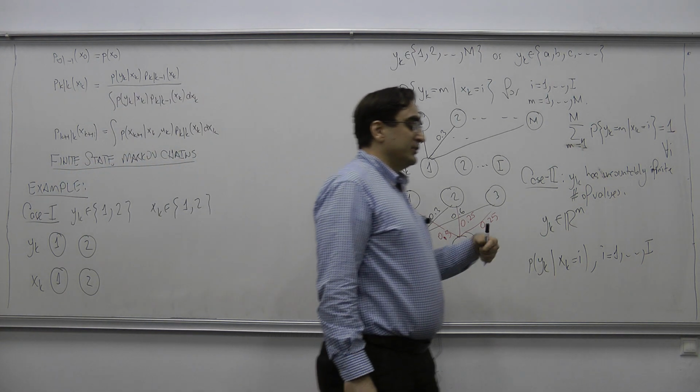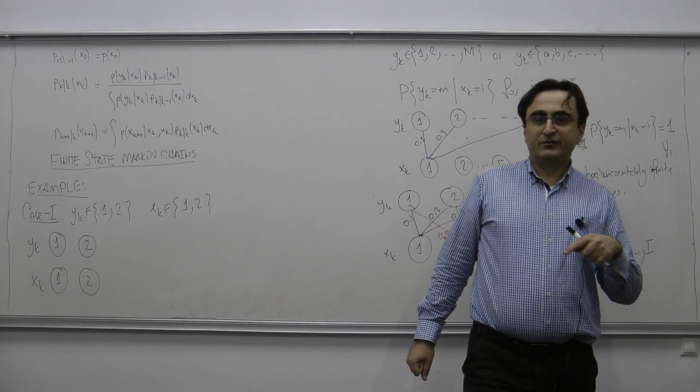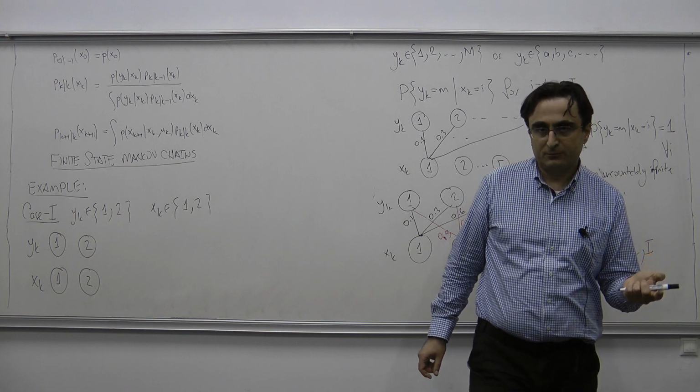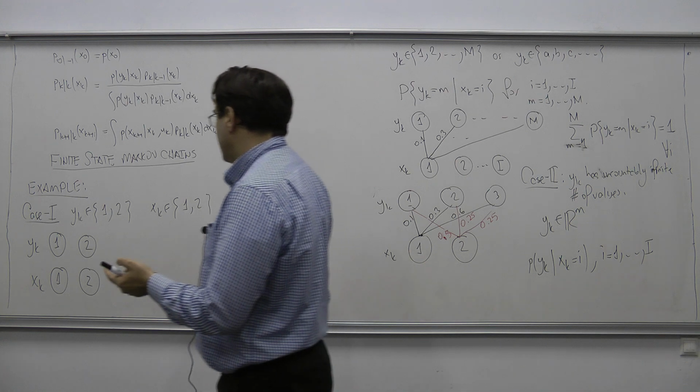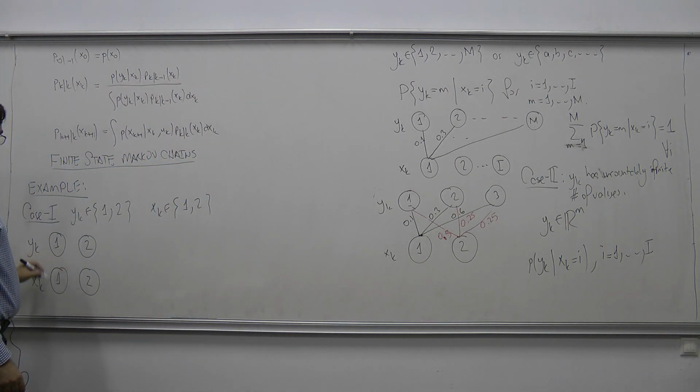When the number of different output values is equal to the number of different states, there is a special case of probabilities where we can model the perfect information case. Okay? The perfect information case is when xk is equal to 1, the output is equal to 1 with probability 1, and the output cannot be equal to 2.